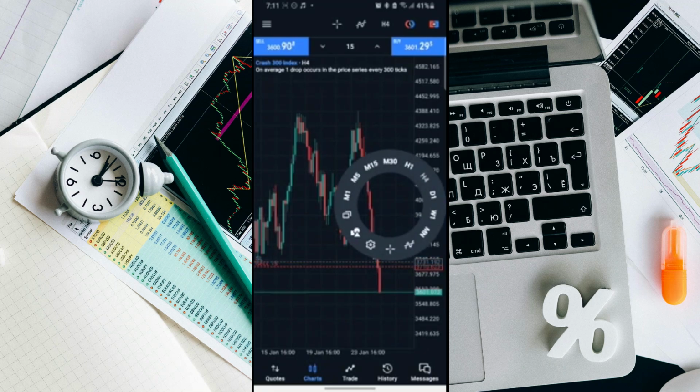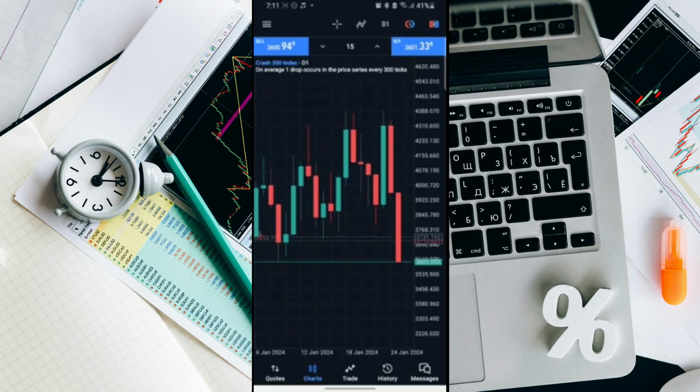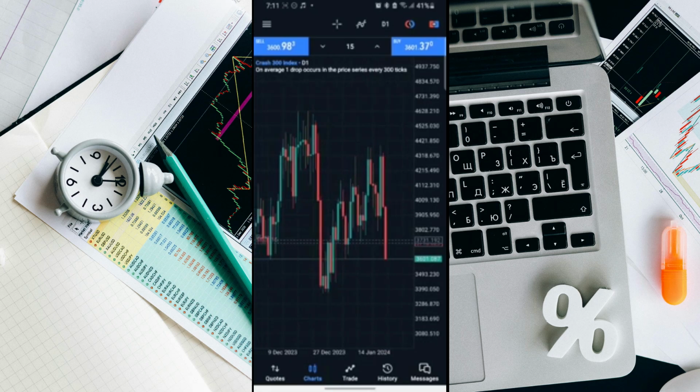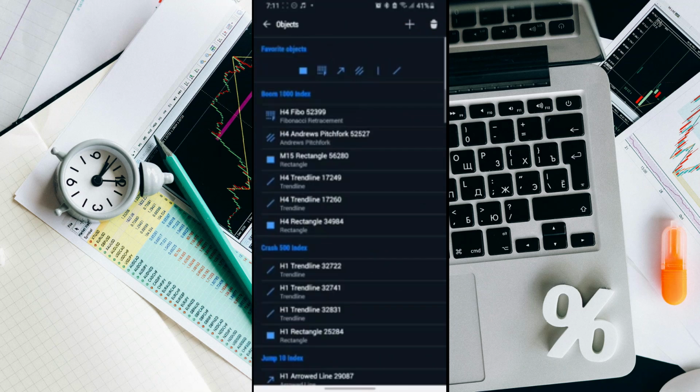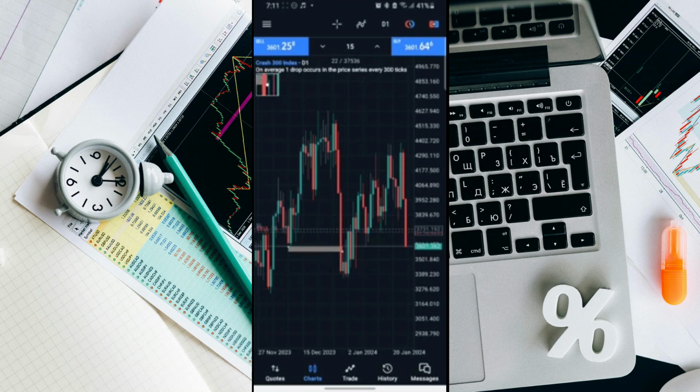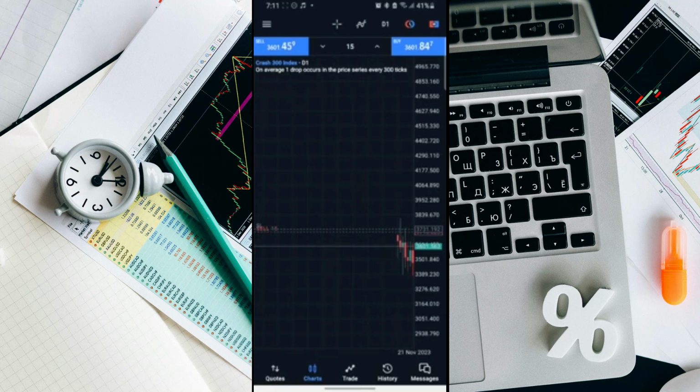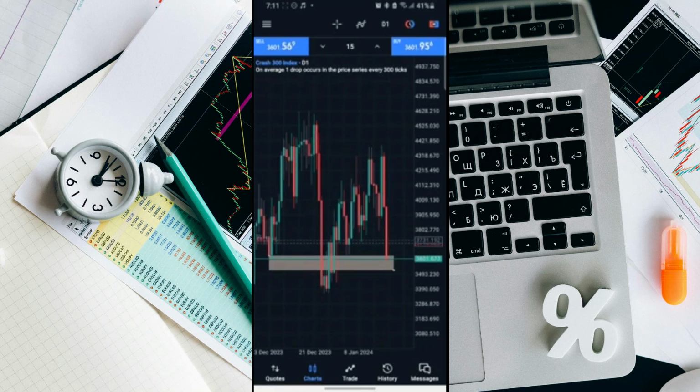So usually when the market enters a rising wedge from the upside, it's definitely going to break on the downside. You have to take note of this.